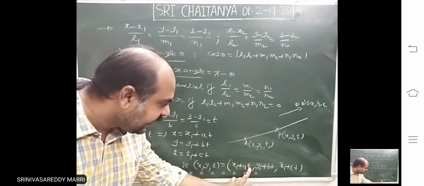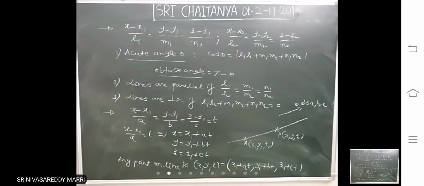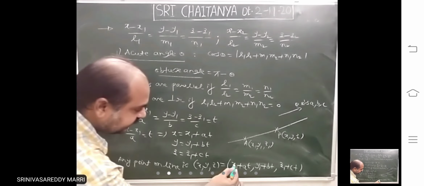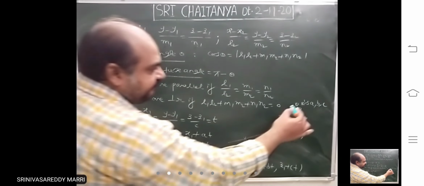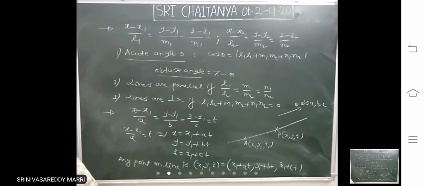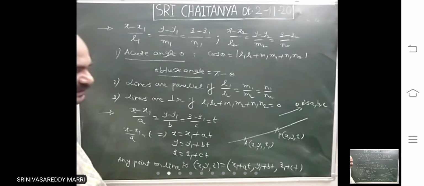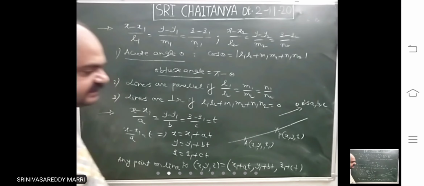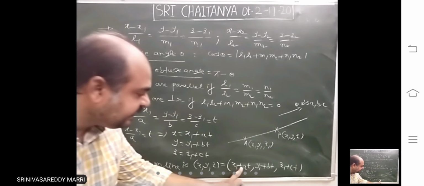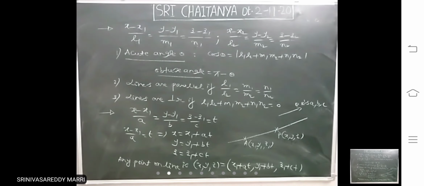Now look at, if you calculate the value of t, then you will get that point, because x1, y1, z1 is given already to you. A, B, C are already given to you. So what is the variable here? Only t is there. If you find that particular value of t for that point, you will get that point.